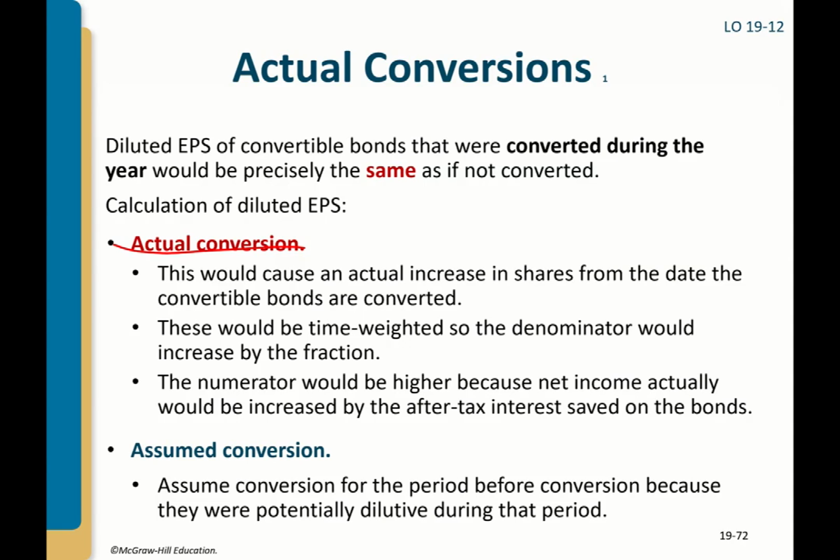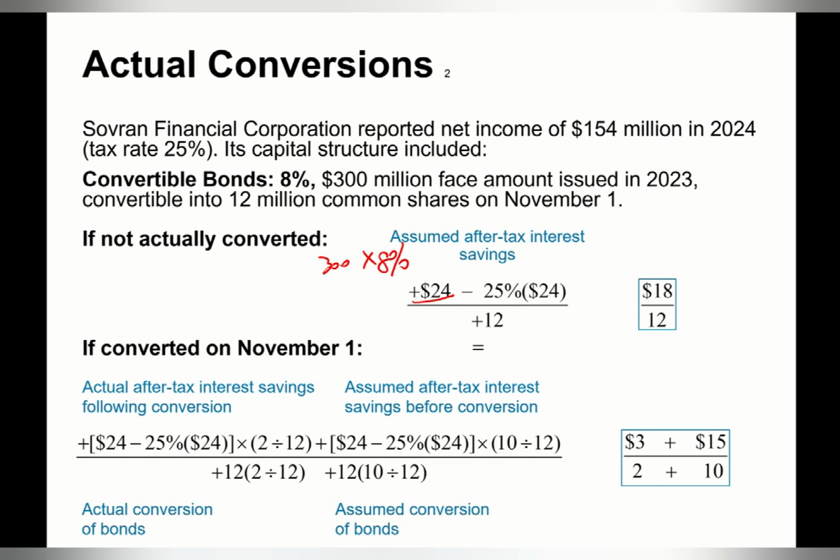Assume conversion for the period before conversion, before they were potentially dilutive during that period. If the company has convertible bonds, 8%, $300 million face amount issued in 23, convertible into 12 million common shares on November 1st.